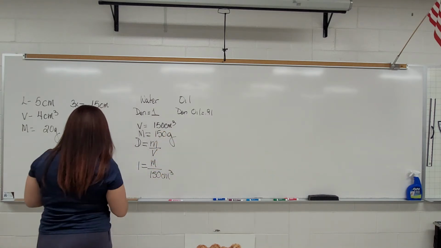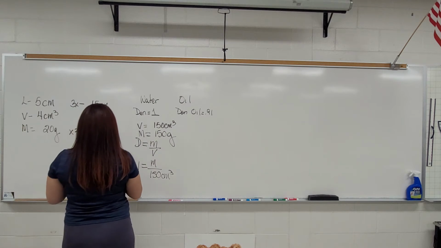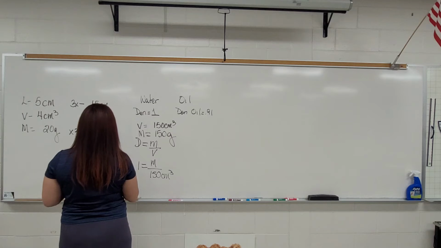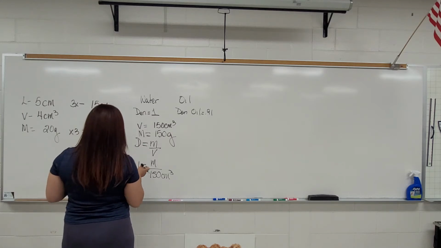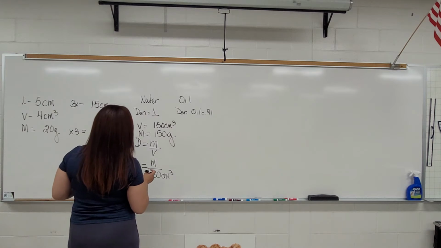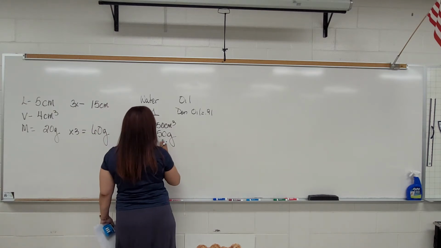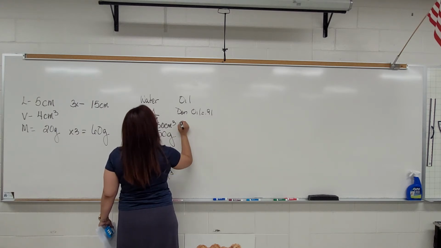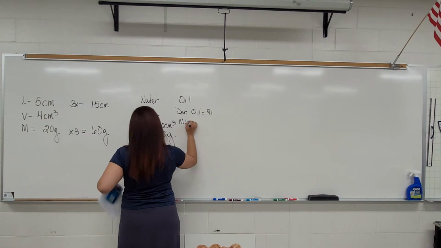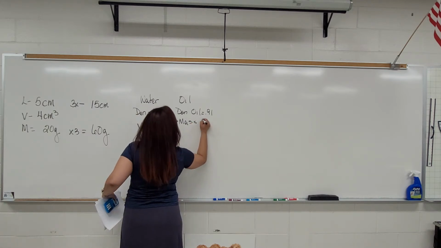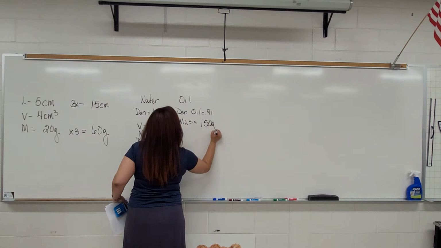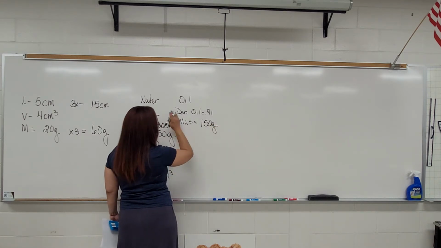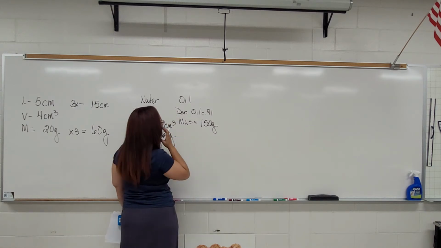So the question asks, what is the volume of oil that has the same mass as 150 cubic centimeters of water? Well, 150 cubic centimeters of water is 150 grams. So we're looking at a mass of 150 grams.